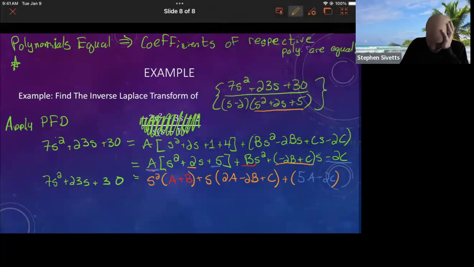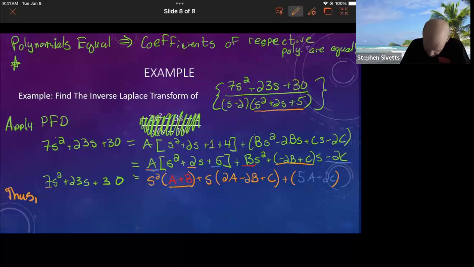Therefore, we'll have a system of equations. The s squared coefficients would mean that a plus b is equal to 7.